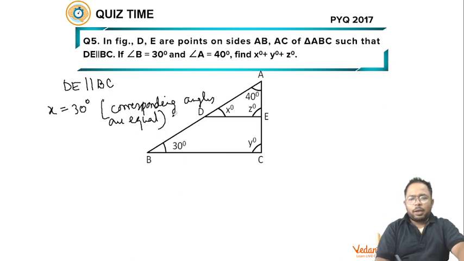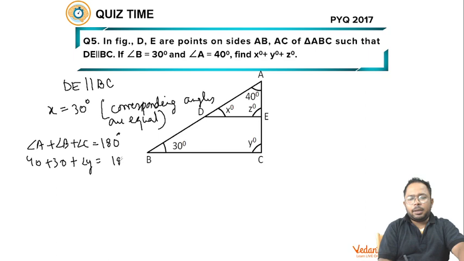Now, if we look into the triangle ABC, angle A plus angle B plus angle C is equal to 180 degree. Now, the angle C is represented by Y. A and B value we all know. It's 40 plus 30 plus angle Y, let's say, is 180.